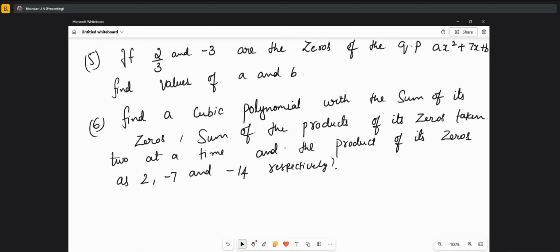Okay, try these two problems and do it and come. Both of you go and try and come.